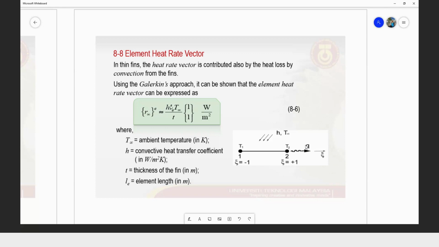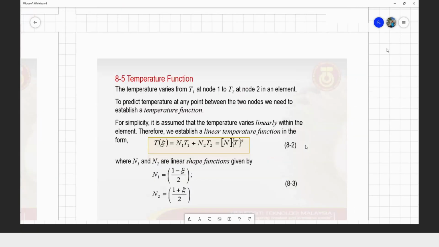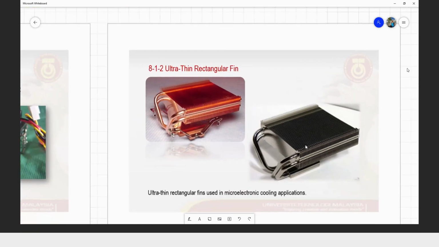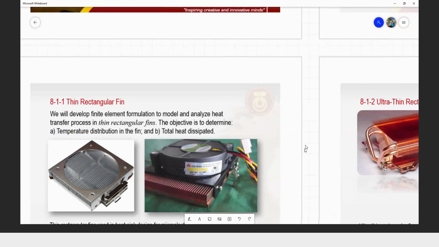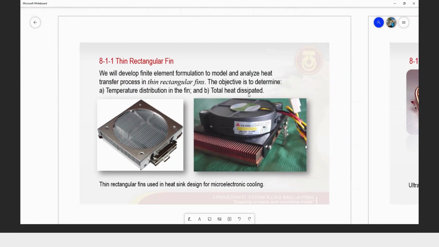So untuk element heat rate vector, biasanya kalau fin, kalau kita tengok tadi, if we look at this, kita pergi patah balik kepada figure yang atas tu. Okay. Ataupun yang ni pun okay, yang fan tu. So let's say kita letak kipas dekat sini, then this kipas ni dia akan actually instead of dia blow tu, dia akan sedut udara tu.